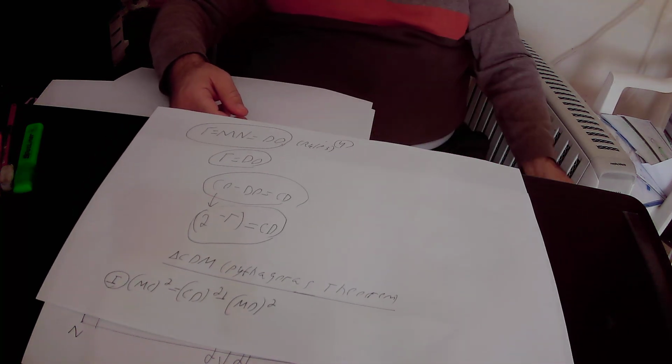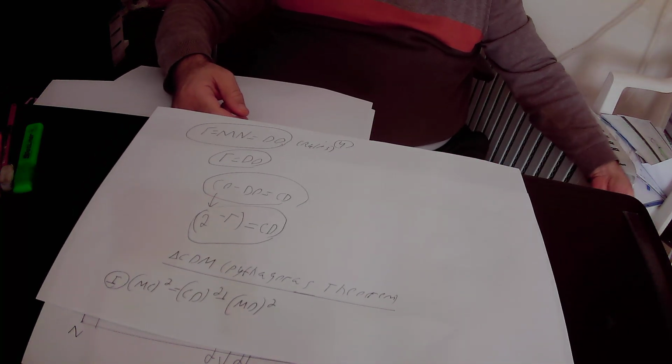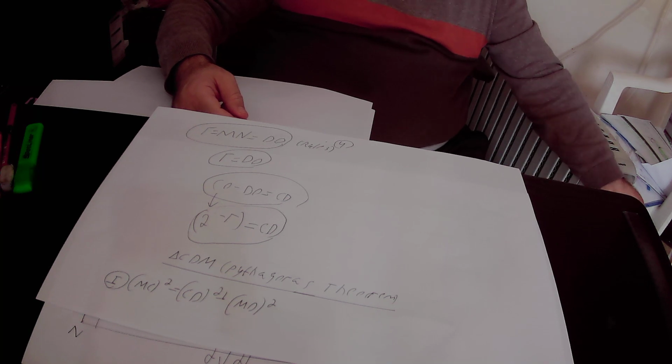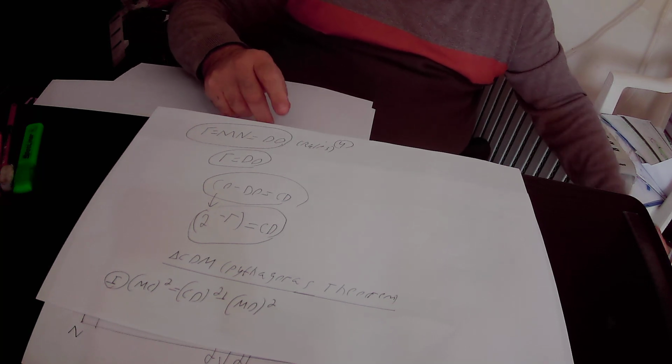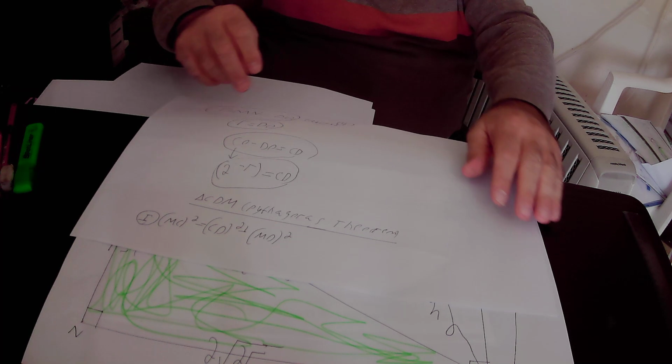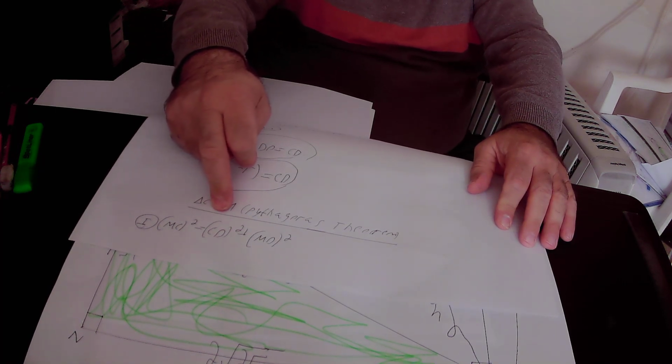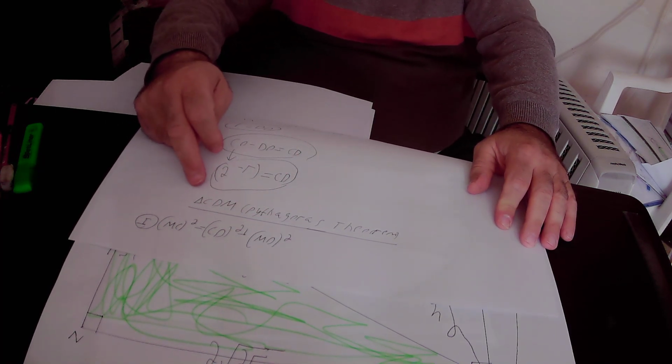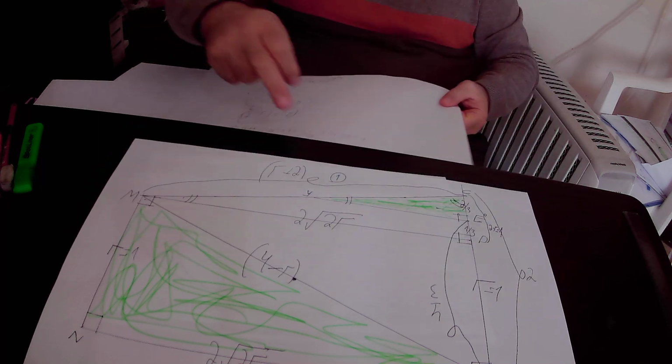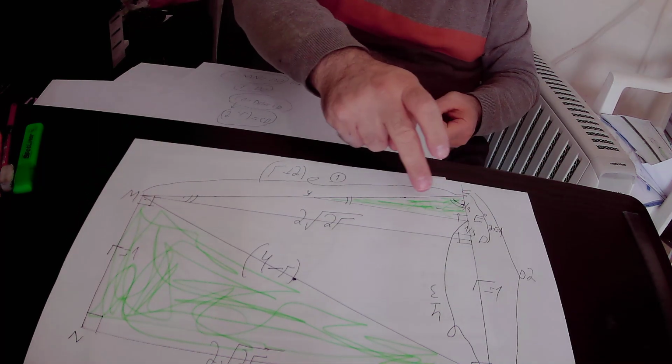According to the Pythagoras theorem, the square of the hypotenuse equals the sum of the squares of the perpendiculars. That is to say, MC square equals CD square plus MD square in the right triangle CDM.